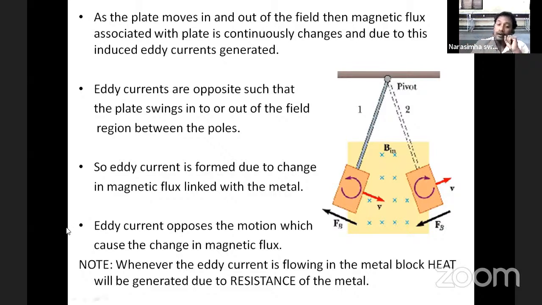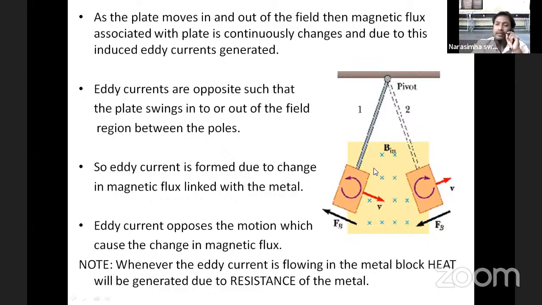Remember, this is one of our applications of eddy currents. In a metal, I told you, all the electrons will move in random directions. But when it is kept in the external magnetic field, they are aligned to move in a particular direction. As the current is induced in this, heat is also produced because of the resistance of the metal. All metals possess some resistance, so due to that resistance, heat will be generated.